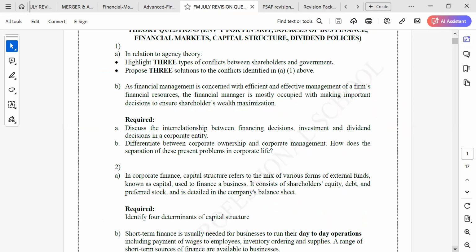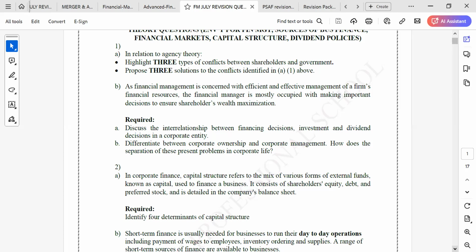All right. B. As financial management is concerned with efficient and effective management of a firm's financial resources, the financial manager is mostly occupied with making important decisions to ensure shareholders' wealth maximization.